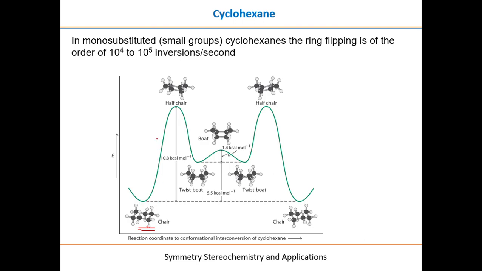Now we will convert this chair to the half chair conformation. You will see what the half chair conformation is. See, I am drawing here. Half chair means half of the cyclohexane will be planar and half will be in chair conformation.